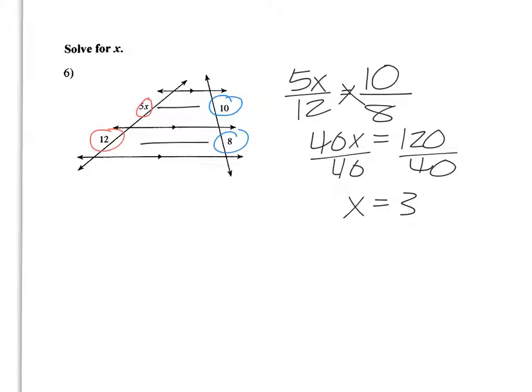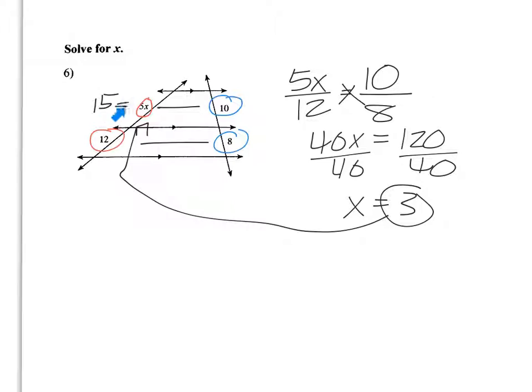Now that seems like a small number, but remember, if I plug the 3 back in, that's going to give me 15, so that segment's 15. One thing you can do here is look and make sure your answers make sense. 10 is over 8, and 10 is bigger than 8, so the number up here has to be bigger than 12. 15 is bigger than 12, so 15 makes sense.